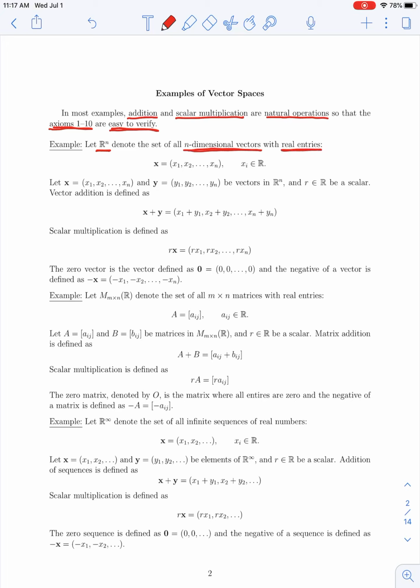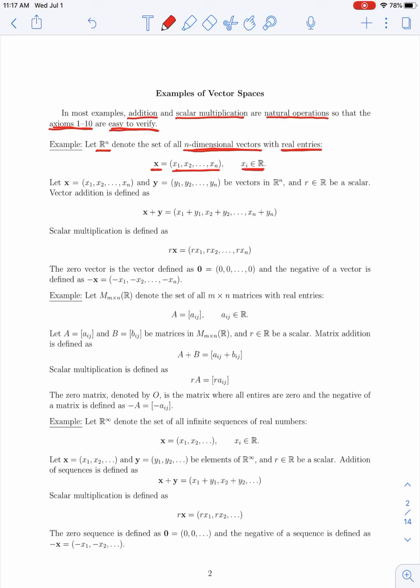So as an example of an element of this set, we would have the vector x of n dimensions, so it contains n elements, x1, x2, up through xn, where each of these elements is a real number. So this is a non-empty set, and let's consider how we would define addition or scalar multiplication.